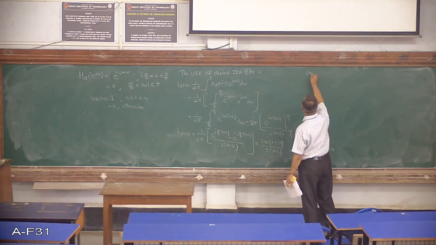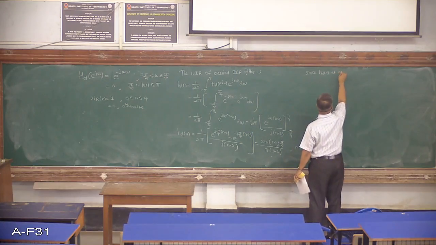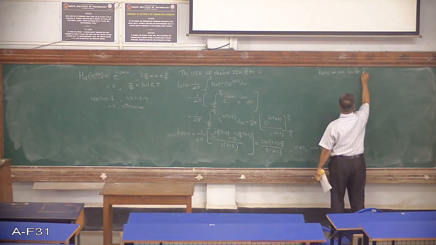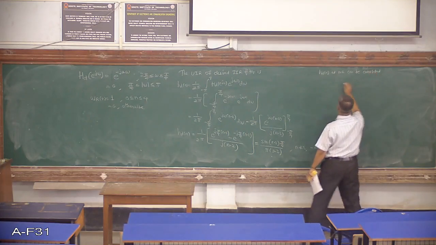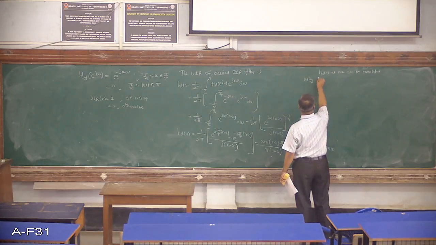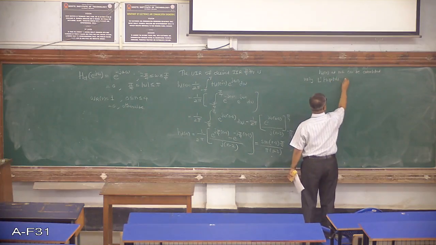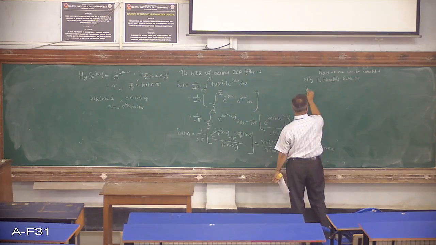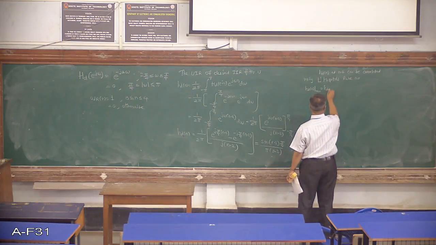Since hd of n at n equal to 2 can be calculated using L'Hospital's rule, I can straightaway write it as hd of 0.